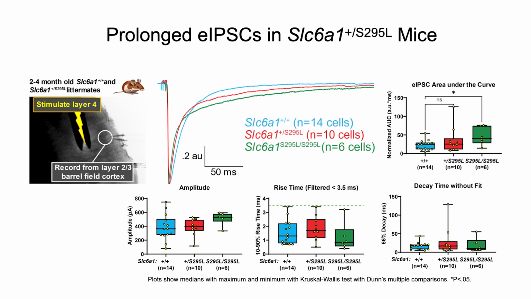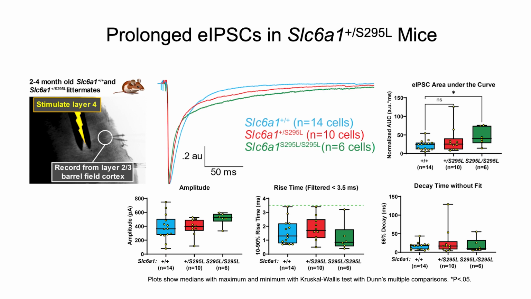Here they're normalized and superimposed. Compared to the wild type evoked IPSC in blue, you can see a stepwise increase in this lingering current and return to baseline from the heterozygote and then to the homozygote. When you calculate area under the curve, you also see this stepwise increase, with the difference between the wild type and the homozygote being statistically significant.